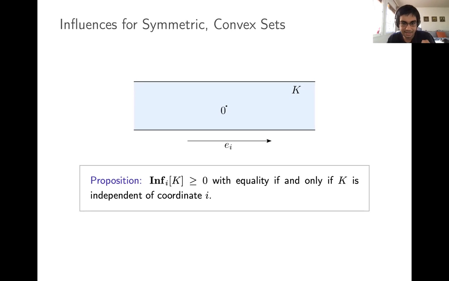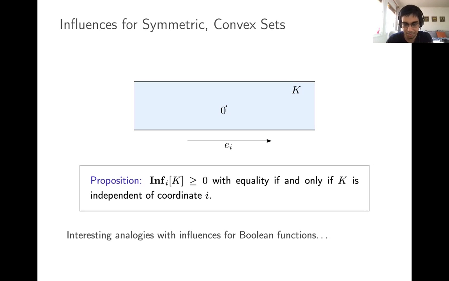In particular, we show that the influence of a symmetric convex set K is non-negative, with equality if and only if K is entirely independent of the ith coordinate. And so in some sense, this resembles how influences for Boolean functions on the n-dimensional hypercube behave. And many other interesting analogies seem to hold, and we've been exploring this notion further.